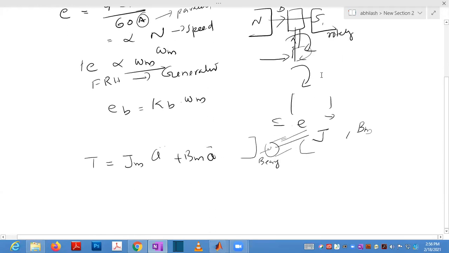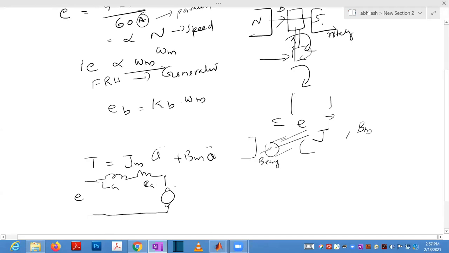You are applying a voltage E here, and this motor has an inductance and resistance La and Ra given to the armature.